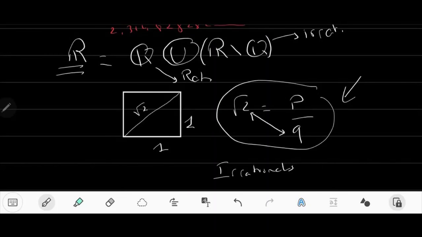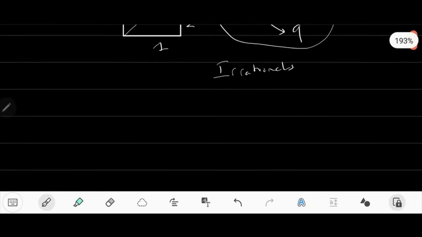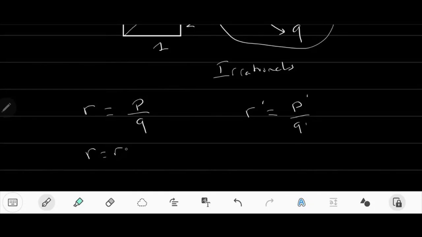Let me also point out something: if we have a rational number r that can be written as p over q, and another rational number r' that can be written as a ratio p' over q', saying that r is equal to r' does not mean necessarily that p is equal to p' and q is equal to q', because you know a fraction, you can multiply the numerator and the denominator by the same number and the fraction will not change.